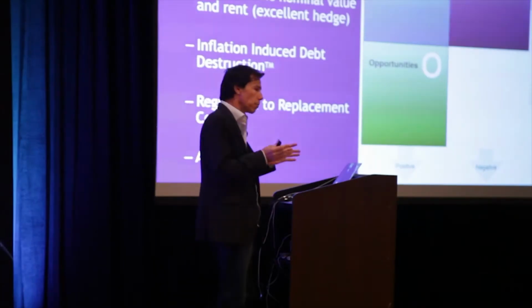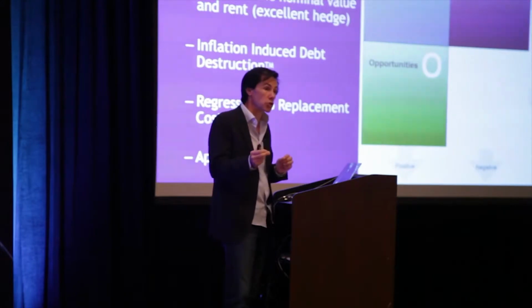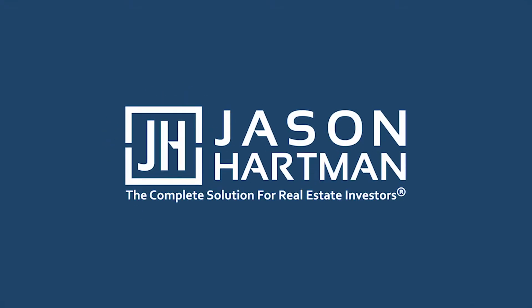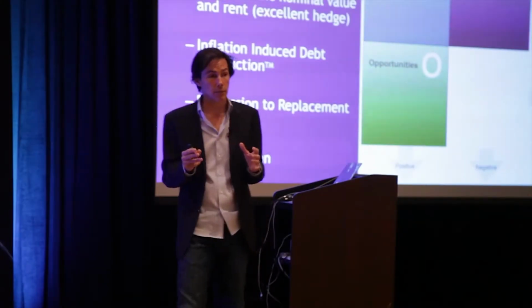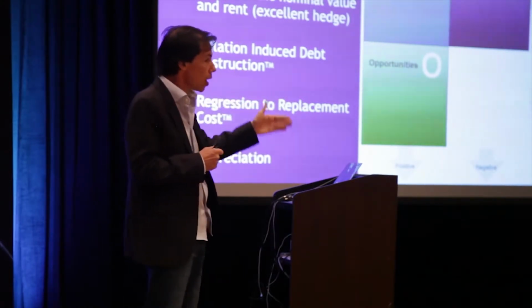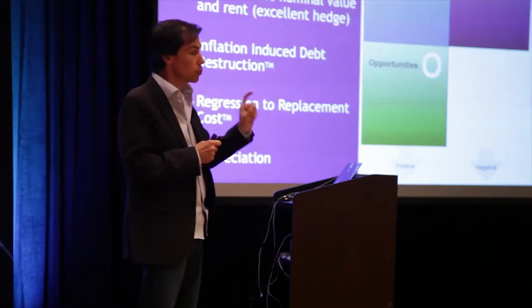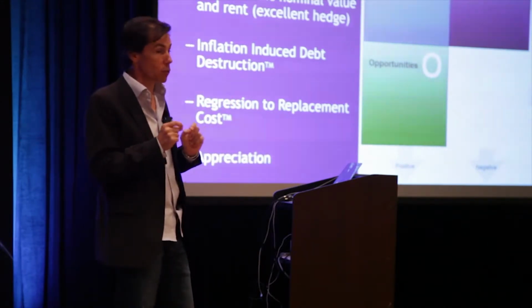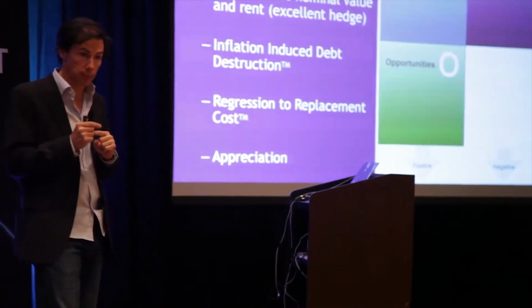But regression to replacement cost is different, in my opinion, from appreciation. Regression to replacement cost simply means that if you can buy the property for below the cost of construction, and when you buy it below, remember, when you look at the pro formas that we'll be looking at this weekend, it shows you the cost per square foot.